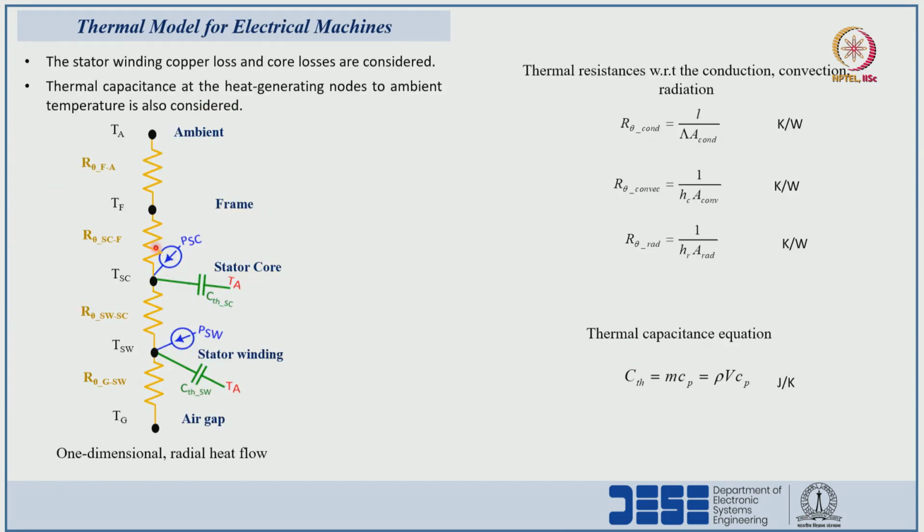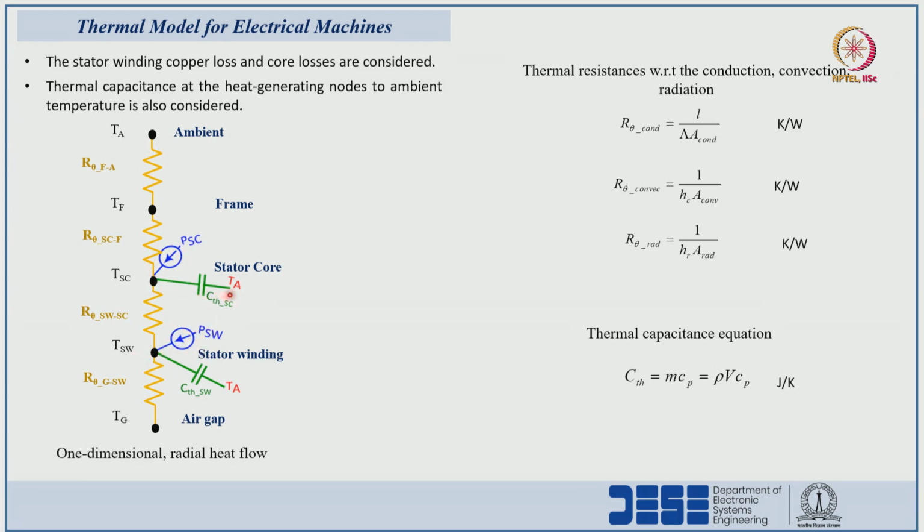And the loss components are heat generating points I am incorporating in the thermal network: the stator core losses I have incorporated at the stator core node, and the stator winding copper losses I have incorporated at this node.